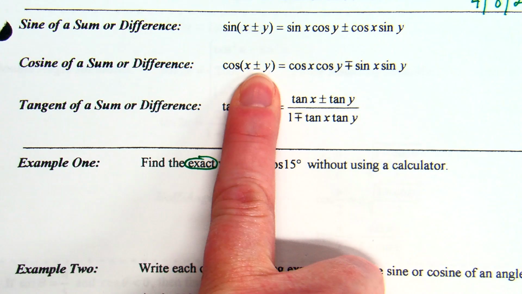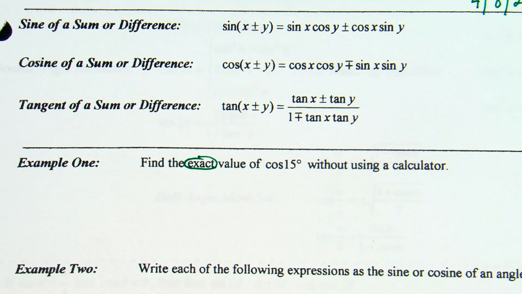We're going to do a cosine of a sum or a difference. In order to do the cosine of 15, I need two numbers that either add or subtract to be 15, but I want to pick numbers that I know the cosine and sine values of. Do we have two numbers in our chart that add or subtract to be 15?